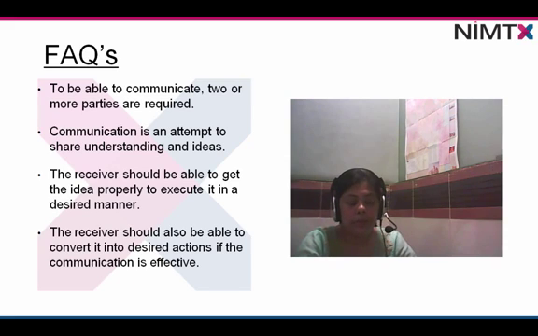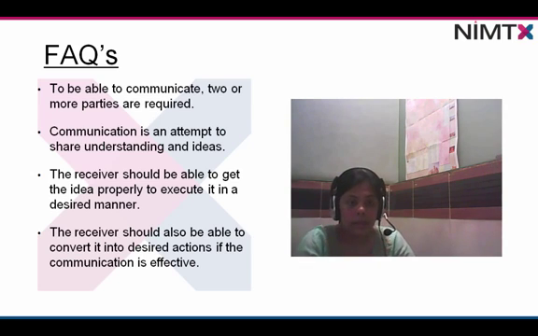Now we come to the FAQs. I'll read it for you. To be able to communicate, two or more parties are required. We understand that. Communication is an attempt to share understanding and ideas. Yes, it is very important.